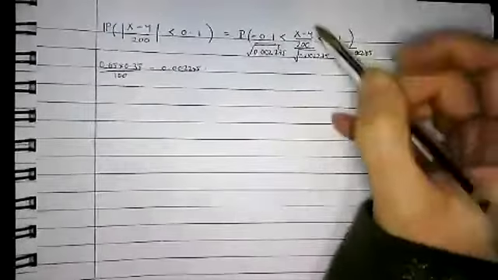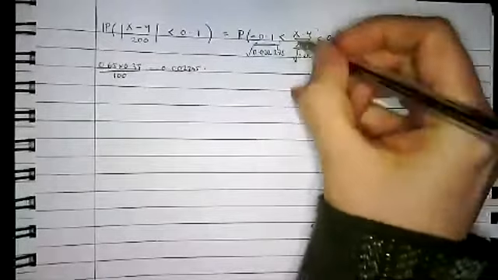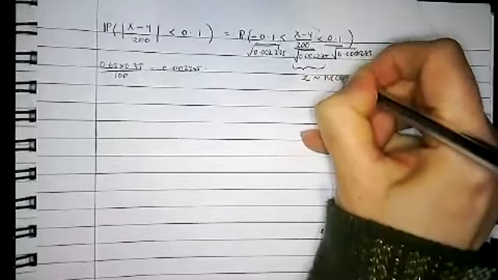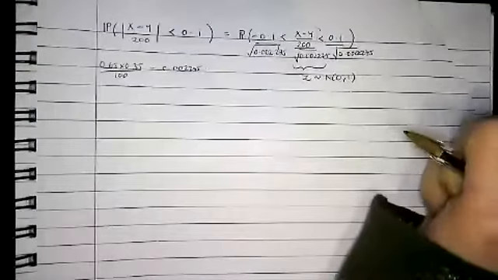Okay, and now I've got this thing in the middle. I can define it as Z, which is distributed normally with parameters 0 and 1. So I'm nearly ready for the CDF of the normal distribution.